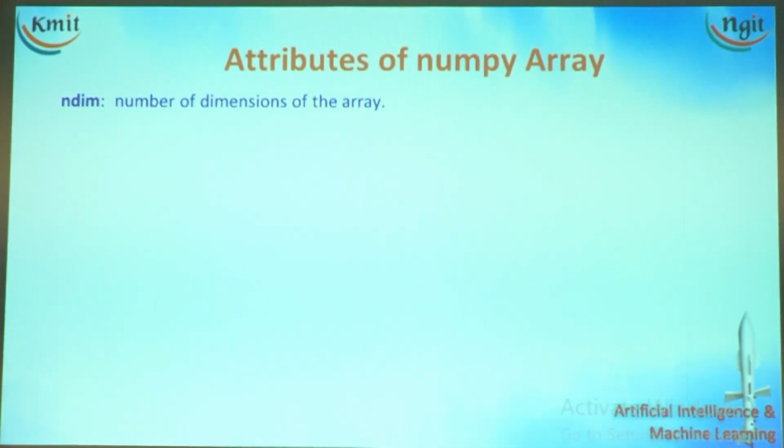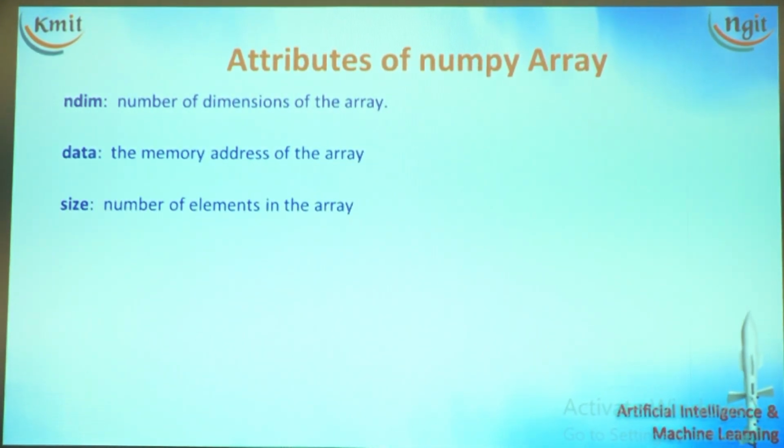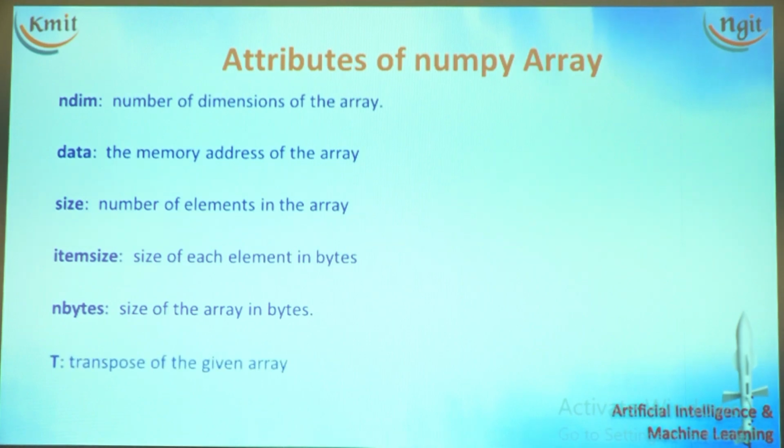The first one that you saw as an attribute was the shape of an array. The second one that you saw was the stride of an array, and there are many which you can do on your own. ndim, what is ndim? Gives the number of dimensions of an array, very simple. Data gives the memory address of that particular array where it is stored. Size, number of elements inside an array.